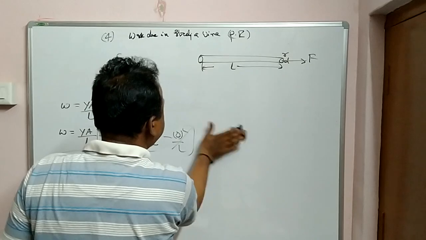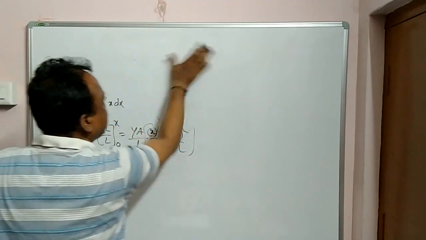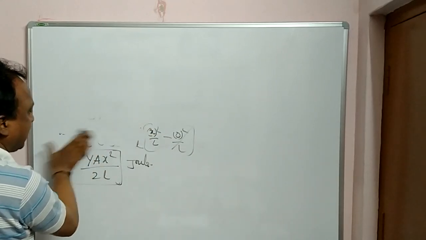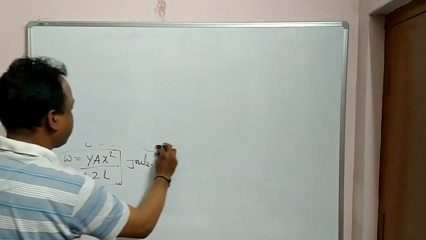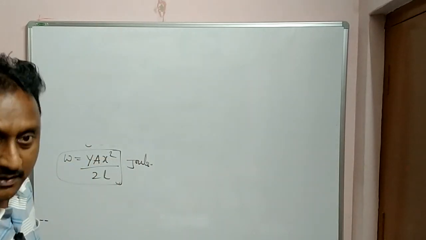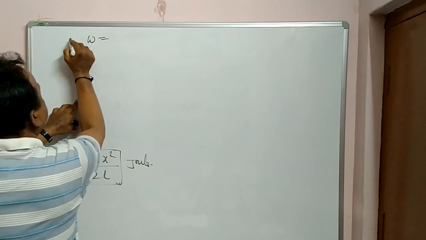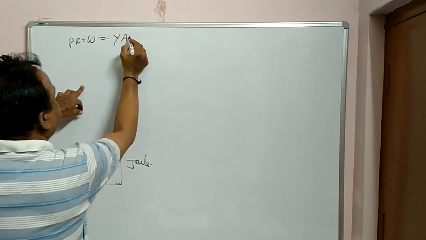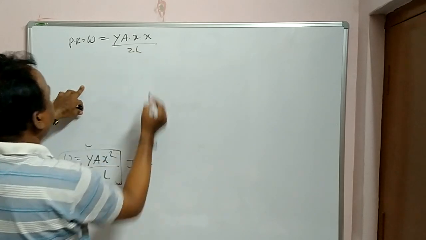Now, this equation you can change into different forms. See, the same equation you can write in different forms. Let me tell you. Depending upon the requirement, you can change this equation. Now see here, I got the equation work done, potential energy, is equal to YA x square, I'll write x into x by 2L.